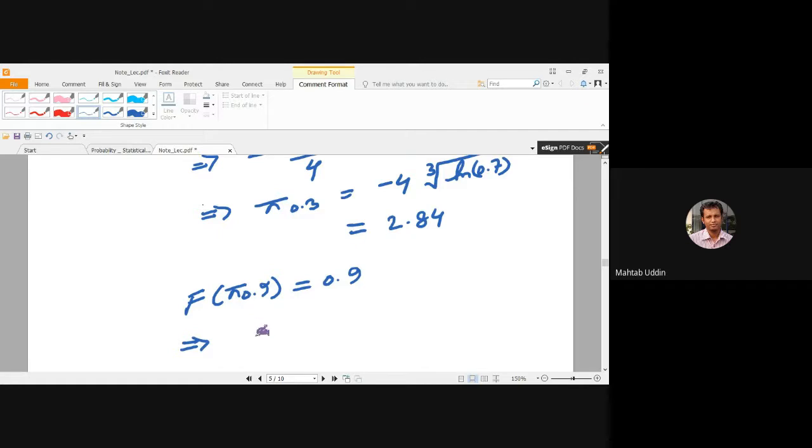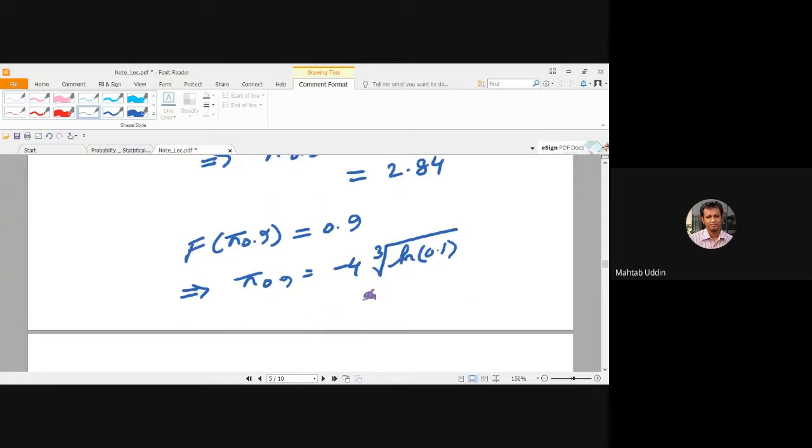You can find pi 0.9 is equal to minus 4 times cube root of ln (1 minus 0.9), so it will be 0.1. And after simplifying, you will get 5.28.